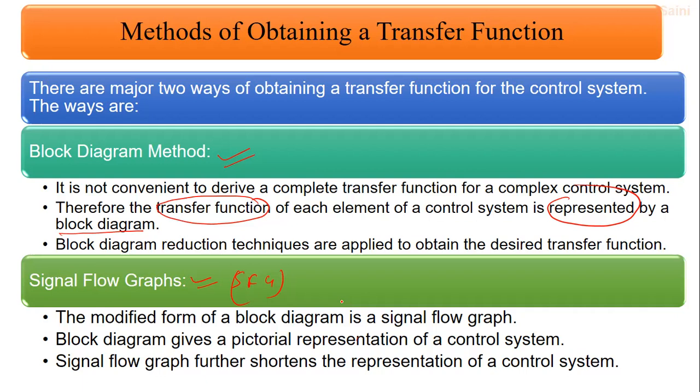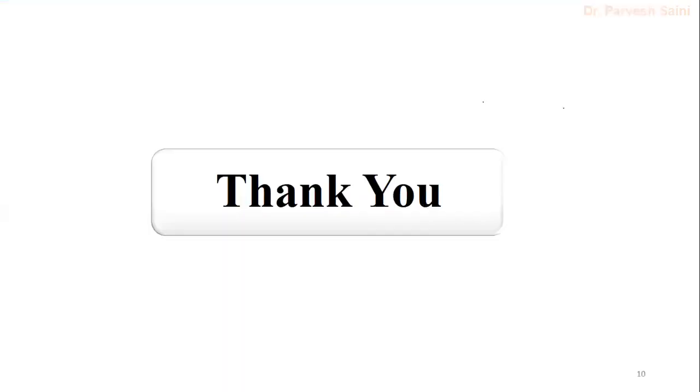That means if we have to solve a block diagram of a given system and the signal flow graph of the same system, the signal flow graph will be solved more conveniently as compared to the block diagram, right? So in this lecture, we have understood about the transfer function: what a transfer function is, why it is used, what the role of the Laplace transform is, and how we can derive the transfer function of the given system.